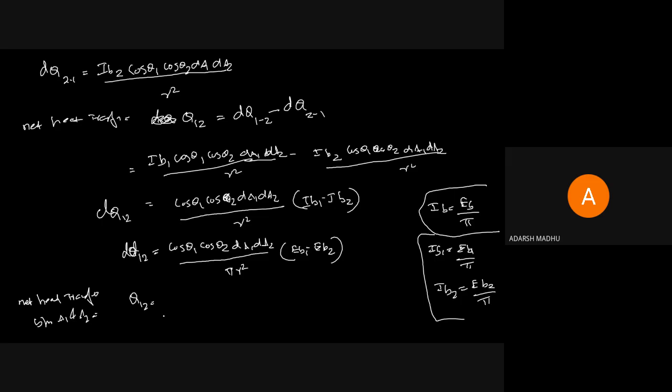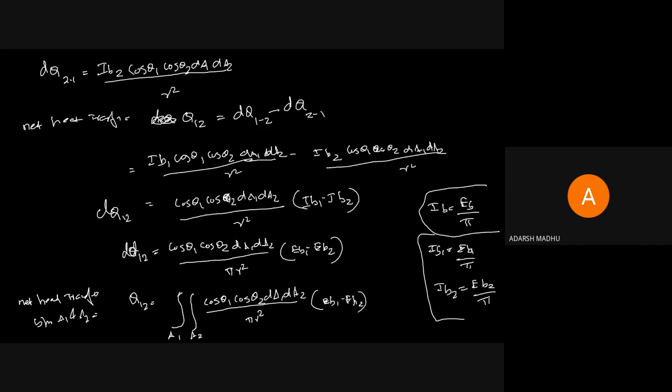We can write the equation as the integral from A1 to A2 of cos theta 1 cos theta 2 dA1 dA2 divided by pi r square, times EB1 minus EB2.